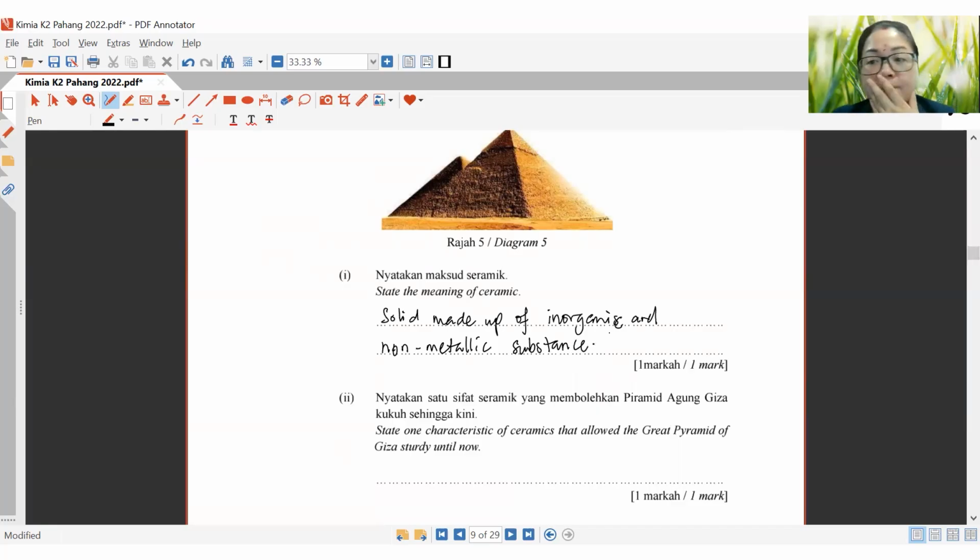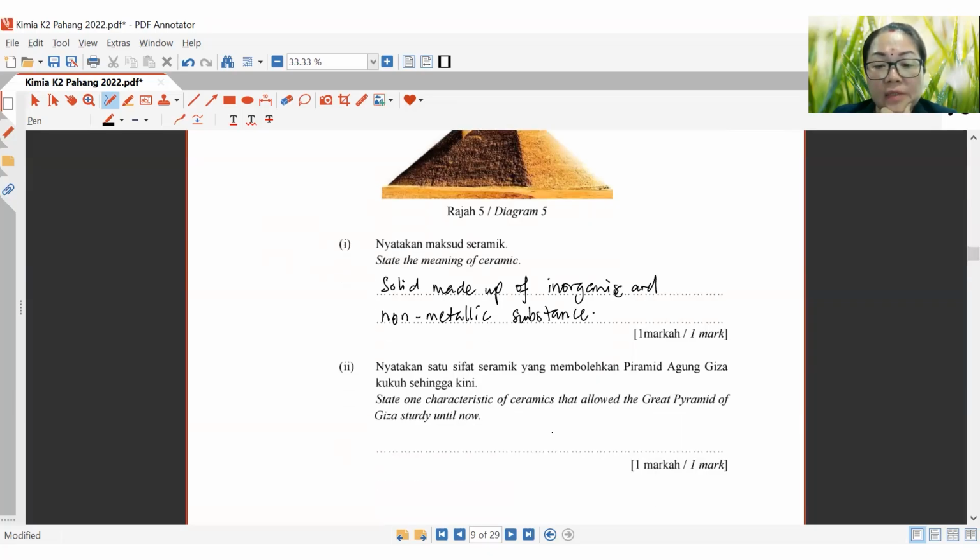All right. Now, 2. State one characteristic of ceramics that allowed the Great Pyramid of Giza to stay sturdy until now. So that particular characteristic, which makes it sturdy, is the fact that it is hard and strong.